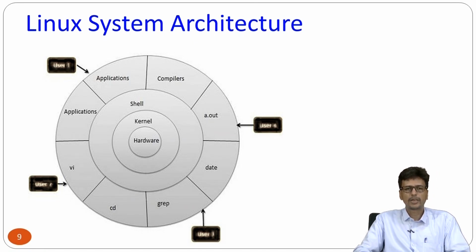The shell is the intermediate part. Whatever command is given by the user, the shell interprets and converts it into machine-understandable form, and it is passed first to the kernel. The kernel then executes those commands and interacts with the hardware.